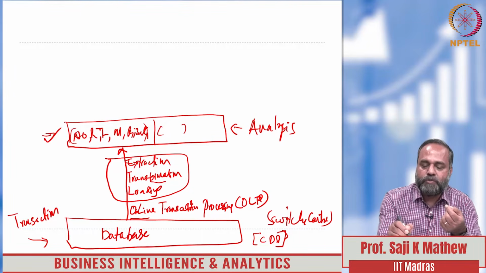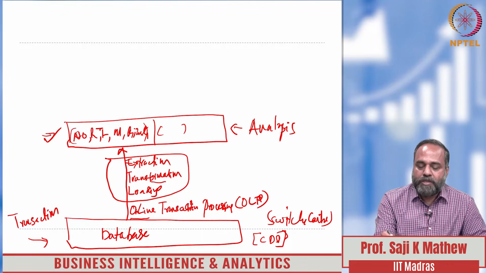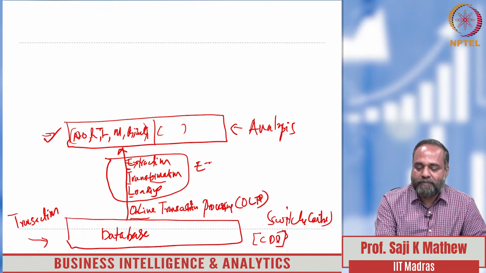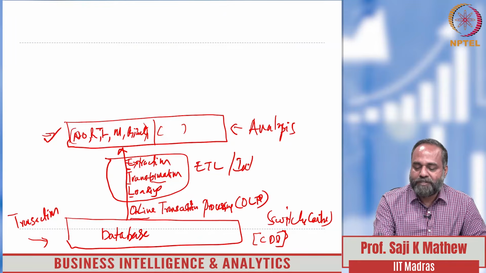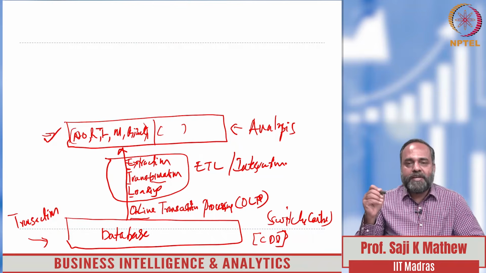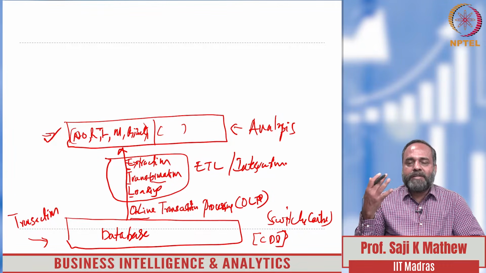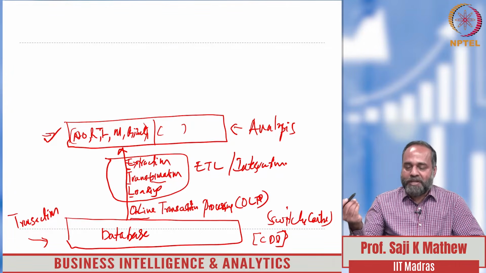A short form for this is ETL, or integration service. These are data integration tools, or ETL tools as they are sometimes called. The purpose of ETL tools is to create data from raw data that is useful for modeling, or useful for analytics in our words.